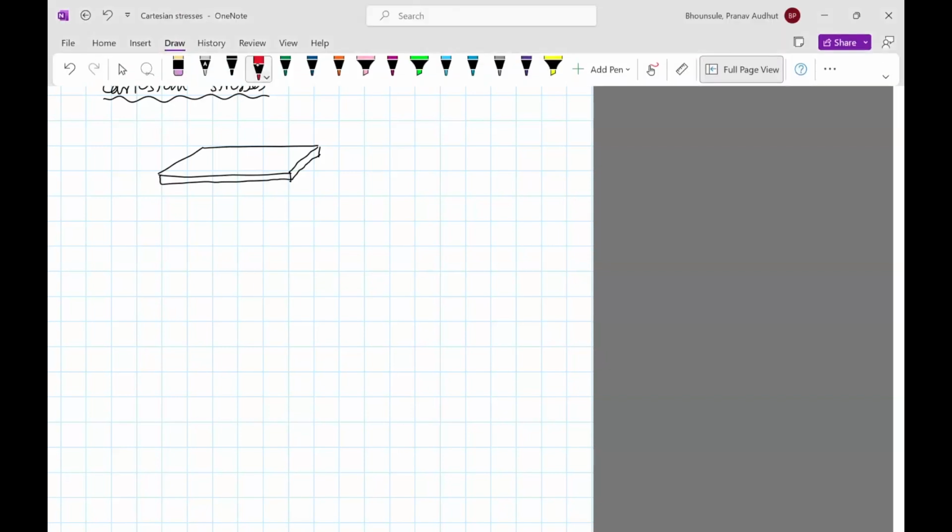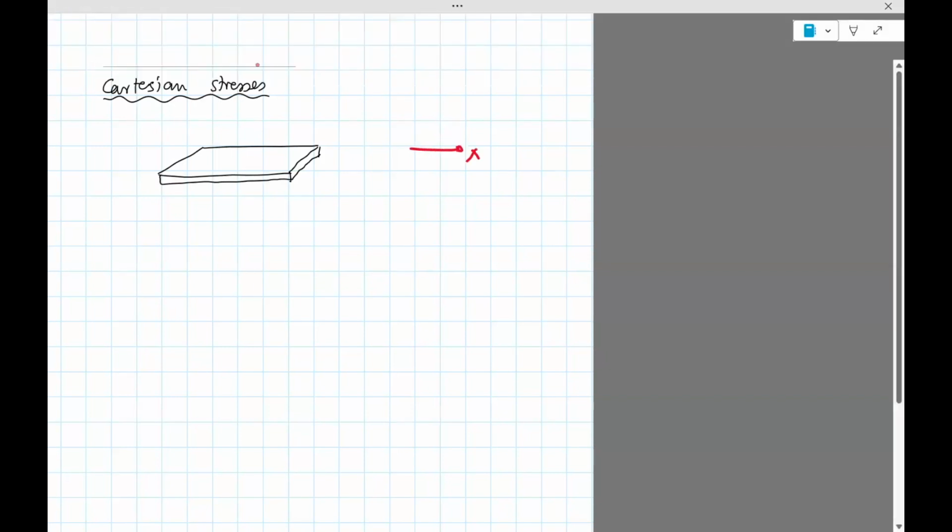And let's assume that we have the x-axis, the y-axis pointing in the plane of the paper, and the z-axis up by the right-hand rule. If you do x cross y, you should get z. Now assume that this plate is loaded in such a way that it induces all stresses possible.